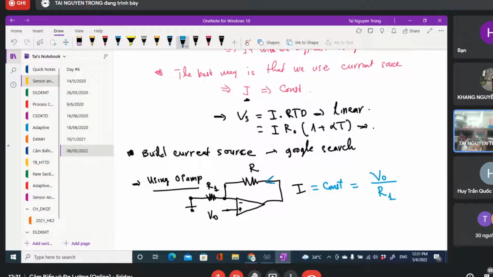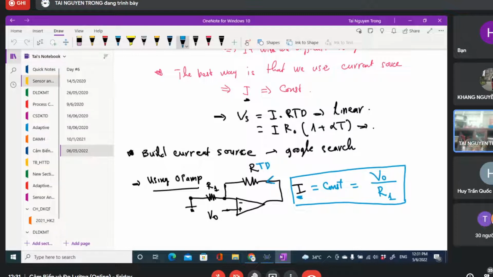Okay, and in this case, the current is always constant, independent of the value of RTD. When we use RTD, the value of current does not depend on the value of RTD, and this helps us to calculate more easily.